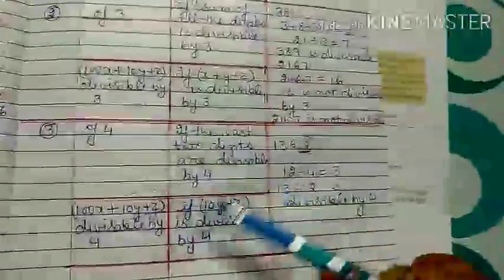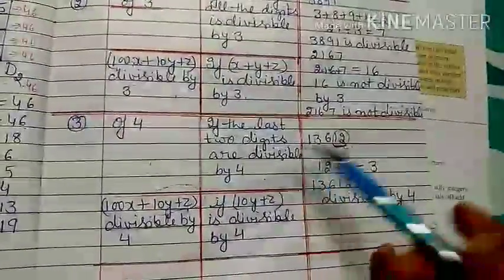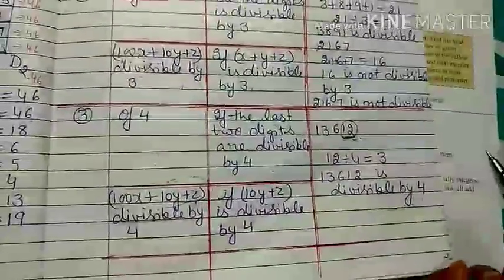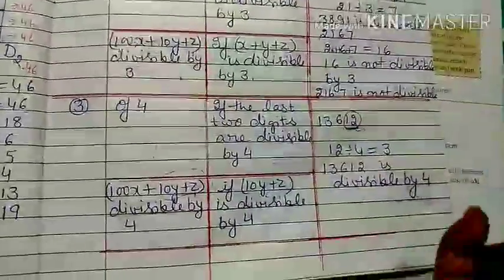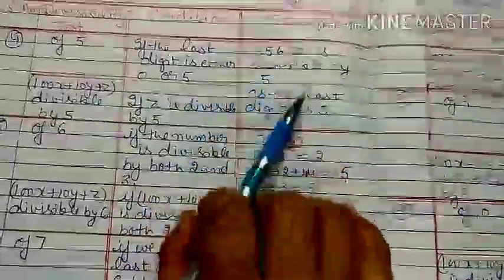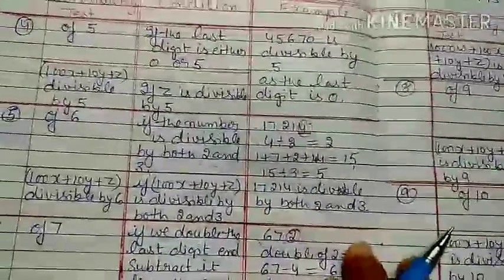Now check for 4. For checking the divisibility of 4, you check the last 2 digits. If the last 2 digits of any bigger number are divisible by 4, that means the number is divisible by 4. Next is the divisibility test of 5. If the last digit is either 0 or 5, we can directly say that the number is divisible by 5.